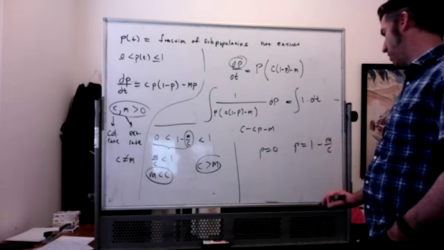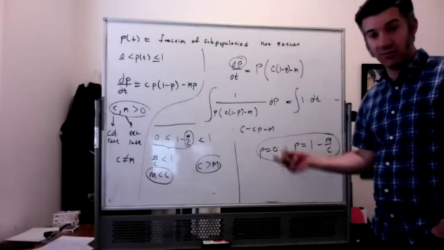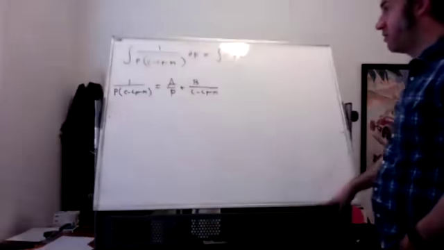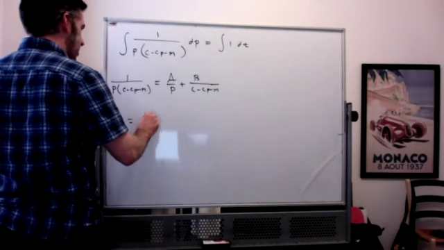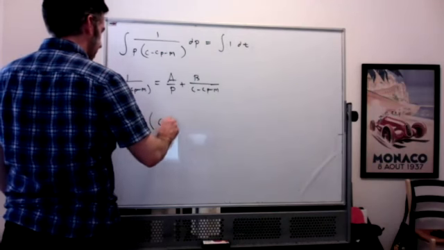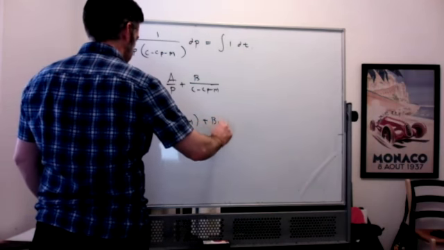That sounds right. Those are the values that make each of the factors 0. That'll help us when we solve this. So multiply both sides by the common denominator. We get 1 equal to A times (C minus CP minus M) plus B times P.